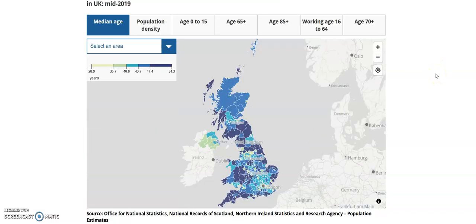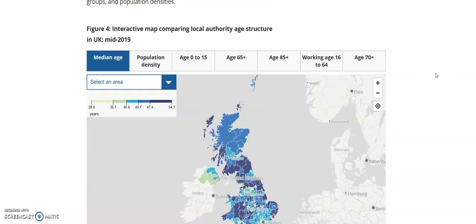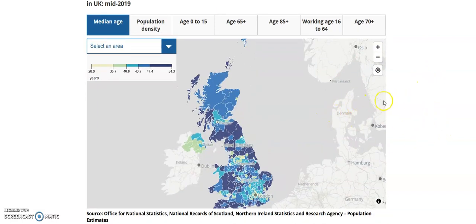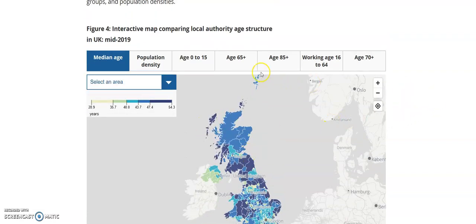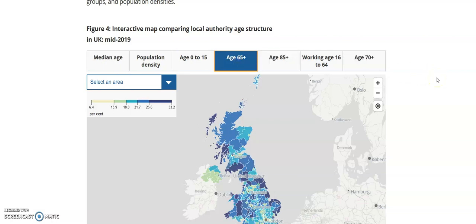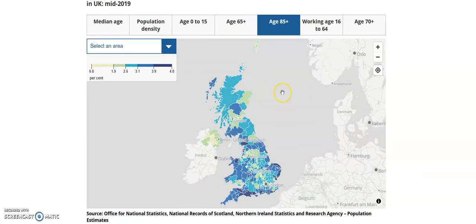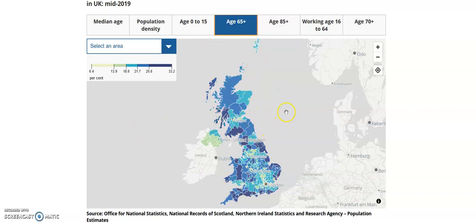Okay, we can move down to look at an interactive map showing the United Kingdom. You could look at different things, for example, age above 65, population aging 65 and above.